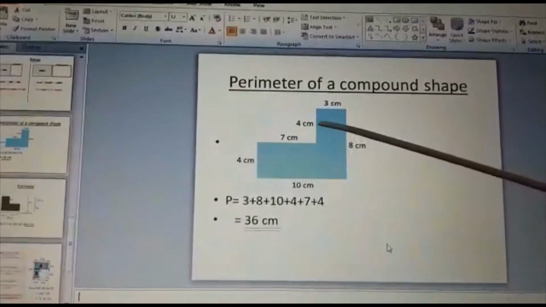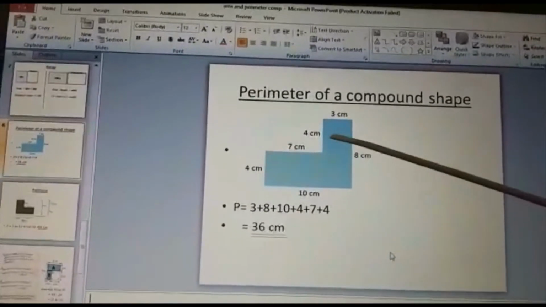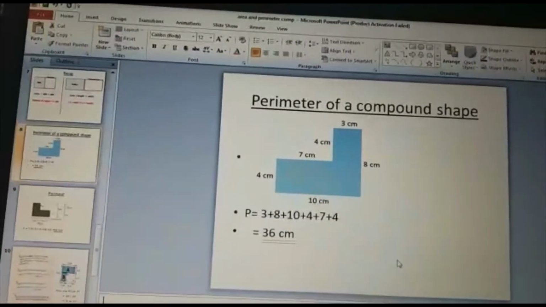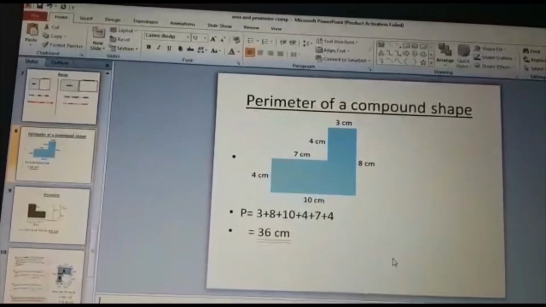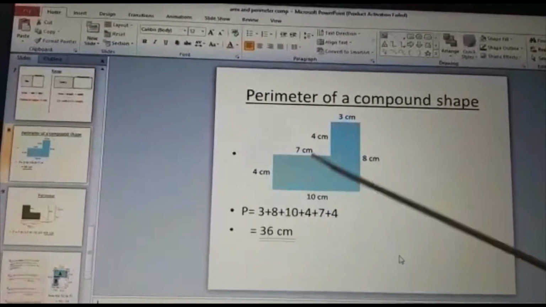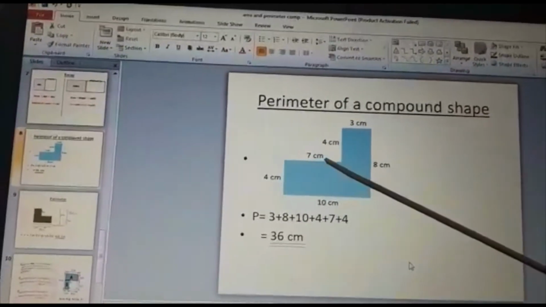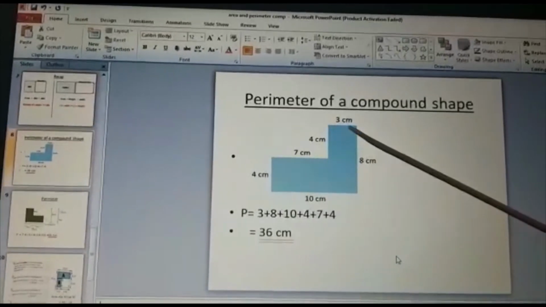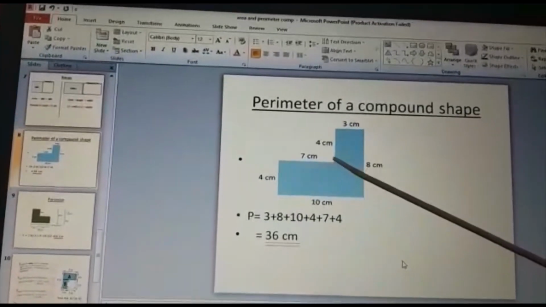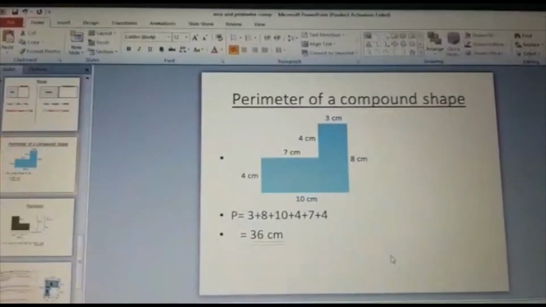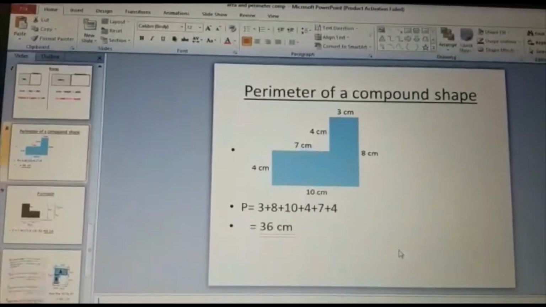So figures like this, or figures which have shapes other than the regular shapes like square, rectangle, triangle, etc., are called compound shapes, or we can say it is the combination of different shapes. Here also see, if you cut like this, you can see one rectangle and one square here, or if you cut like this, you can see two rectangles, is it? So in different ways we can form the compound shapes.